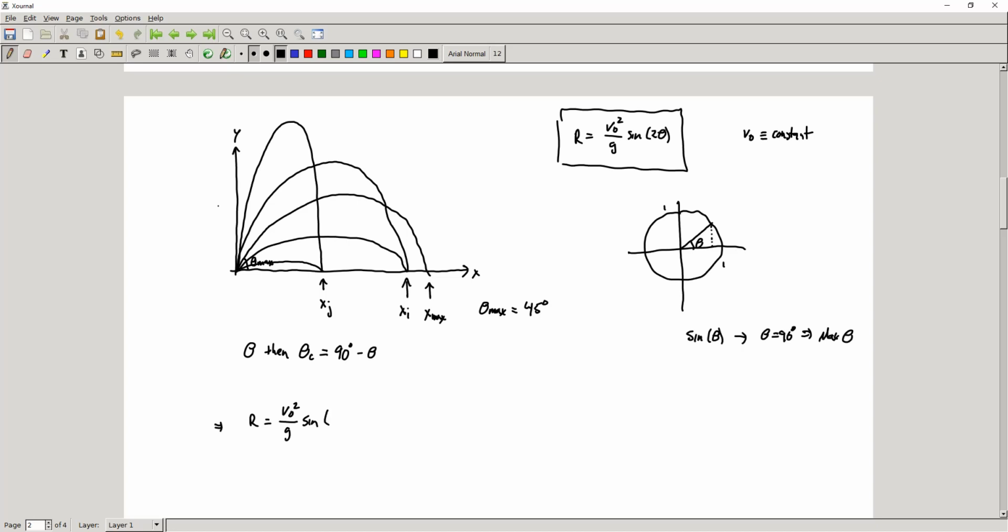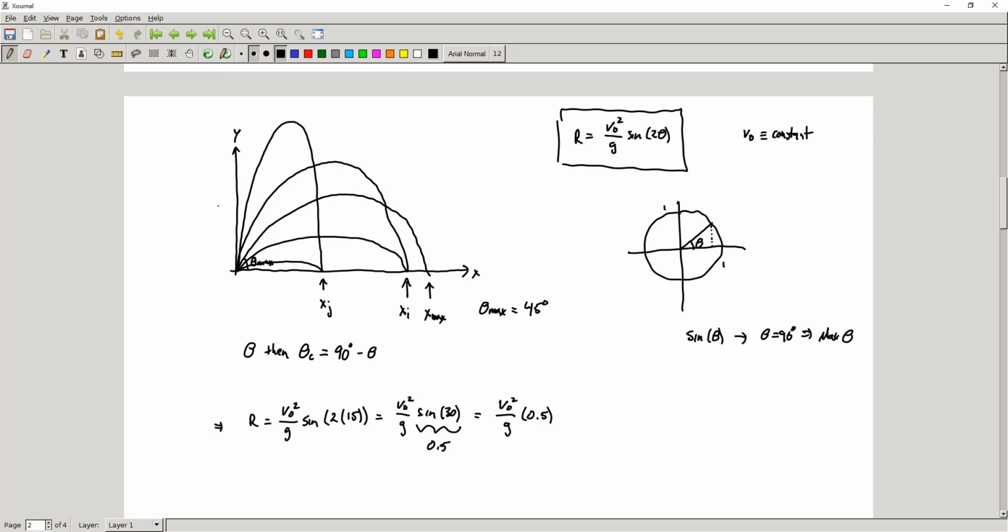Let's say we chose a launch angle of 15 degrees. This stuff is not going to change as we change the launch angle, but this stuff will change because our theta is changing, right? So if the constant out front stays the same, then this is just going to give us v naught squared over g times sine of 30 degrees, right? And sine of 30 degrees gives us 0.5, and so we end up with v naught squared over g times 0.5.